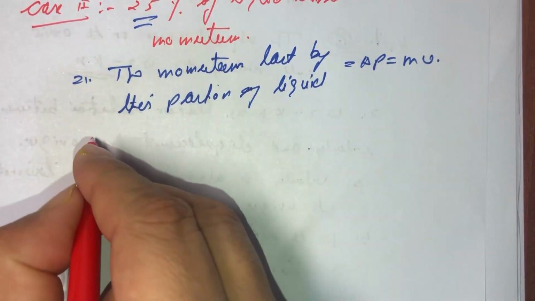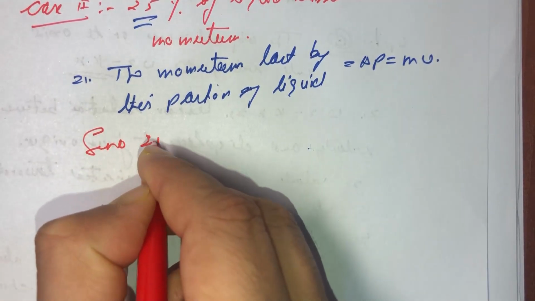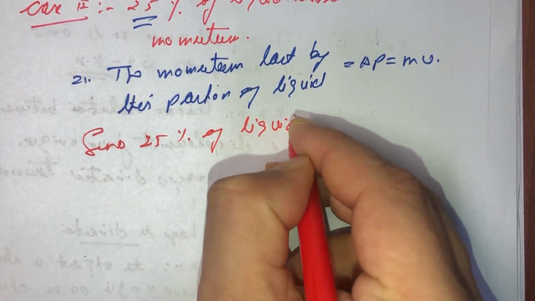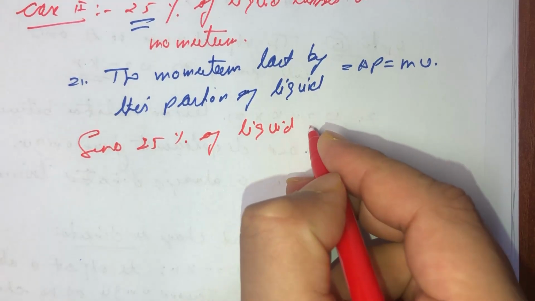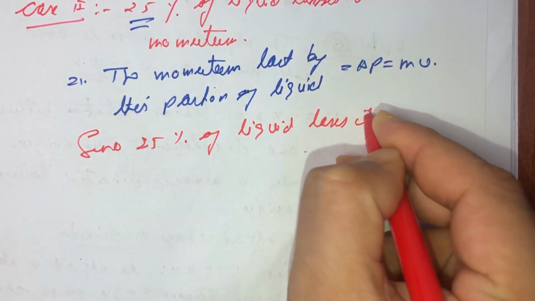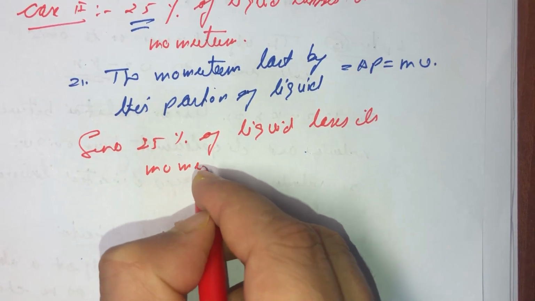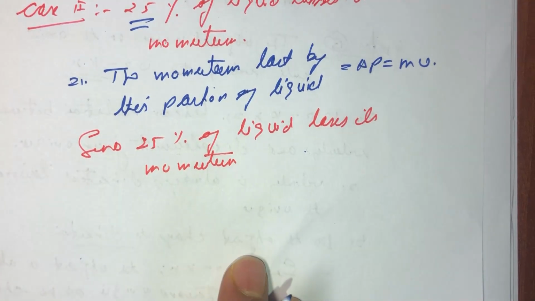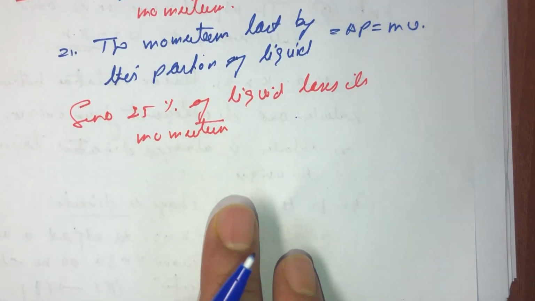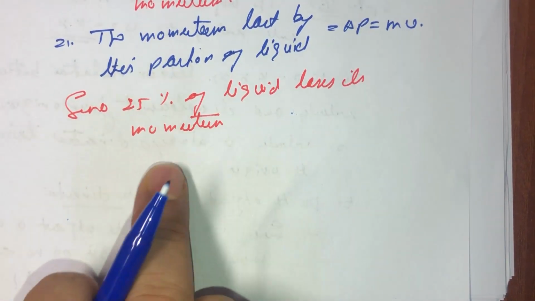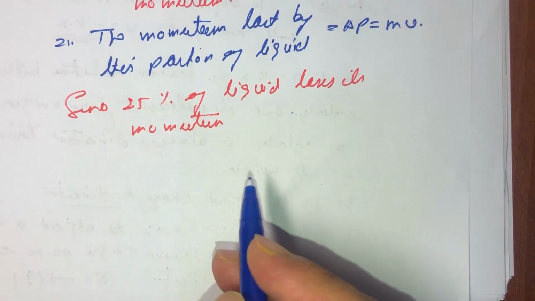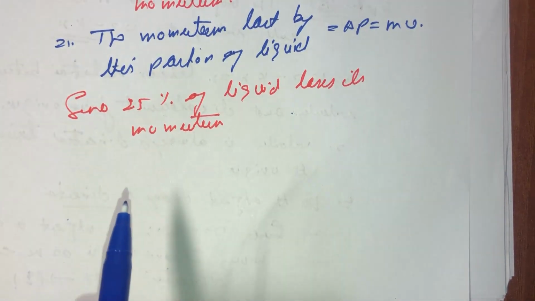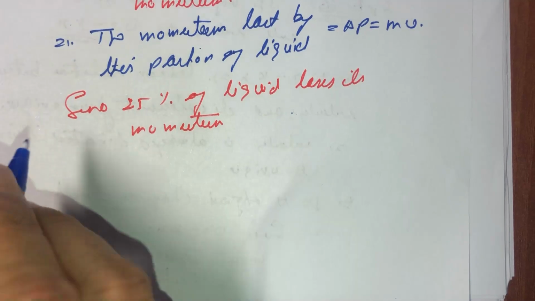So since 25% of liquid loses its momentum, therefore the flow rate that is associated with it, means 25% of the loss, will be equal to 0.25 mR, where mR is the initial flow rate of the hose pipe.